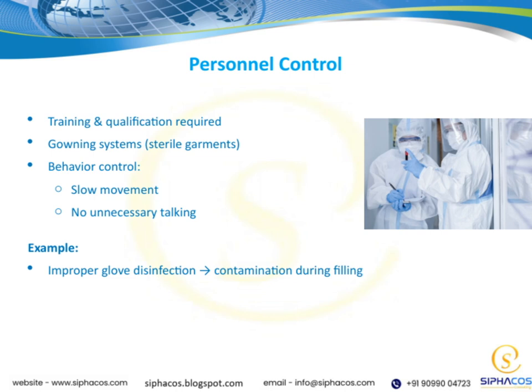Behavior control is equally important. We need to move slowly and deliberately to avoid accidents or mistakes. Also, unnecessary talking should be minimized to prevent distractions and maintain focus. All these measures work together to uphold the integrity of the sterile environment and ensure safety and quality in our operations.